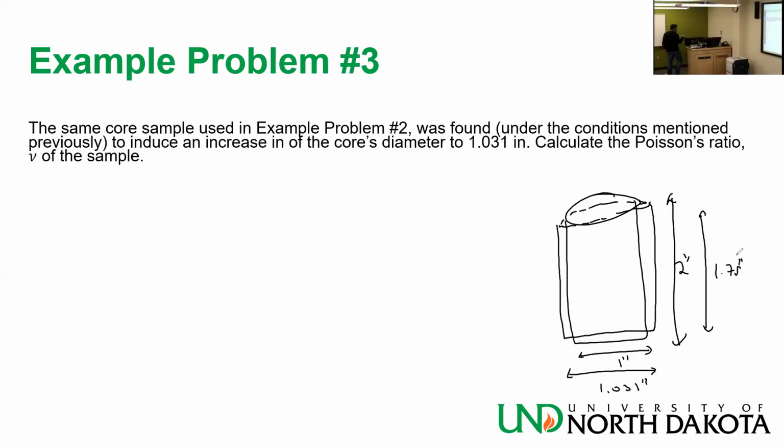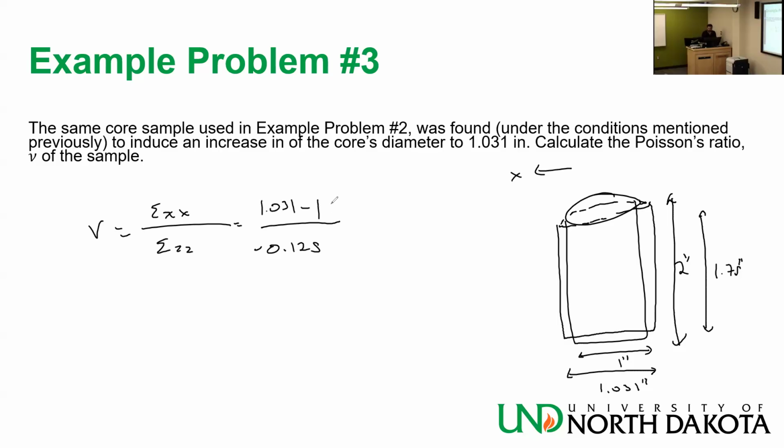The direct strain, what goes in the denominator, is that 0.125 we talked about earlier. That is the epsilon zz. If we say this is x, the epsilon xx, or radial, epsilon rr, is: at the top it was 1, now it's 1.031, divided by the initial, which is 1.